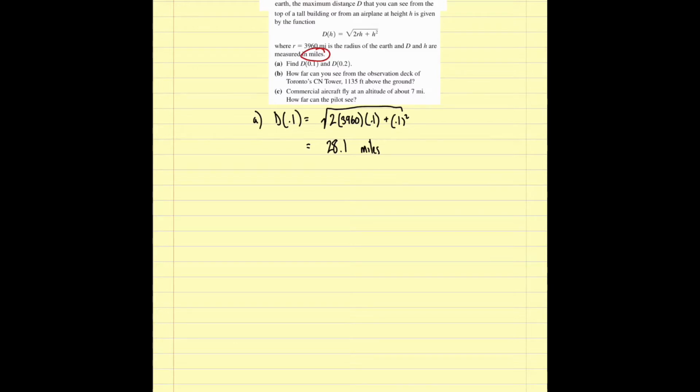Okay, d of 0.2 is the same type of calculation. So 2 times 3960 times 0.2 plus 0.2 squared. If I simplify that, I get around 39.8 miles. That would make sense because 0.2 is higher in elevation than 0.1, so we should be able to see further.